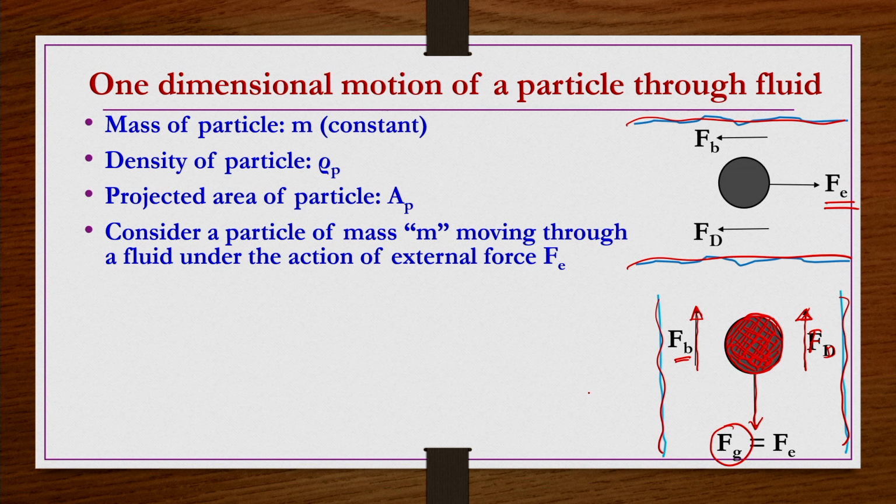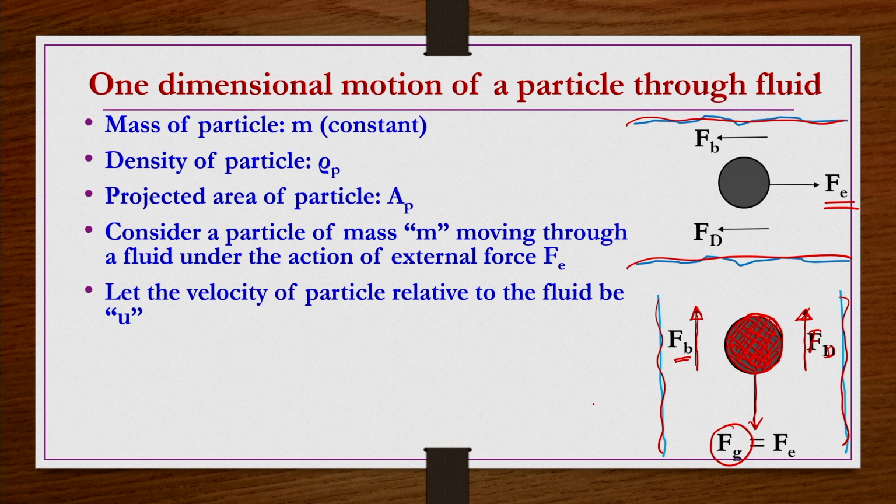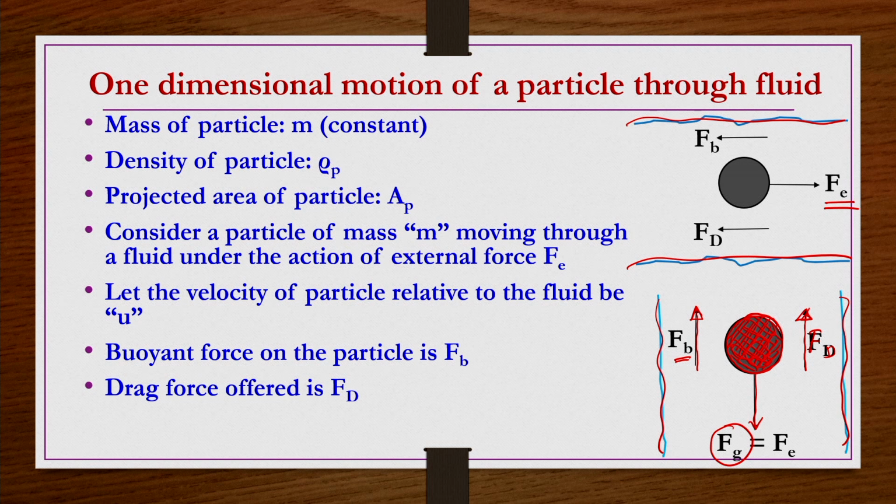Now consider a particle of mass m moving through a fluid under the external force Fe. Let the velocity of the particle relative to the fluid be u. Then the buoyant force on the particle is Fb, the drag force offered is Fd, and the acceleration of the particle is du by dt.